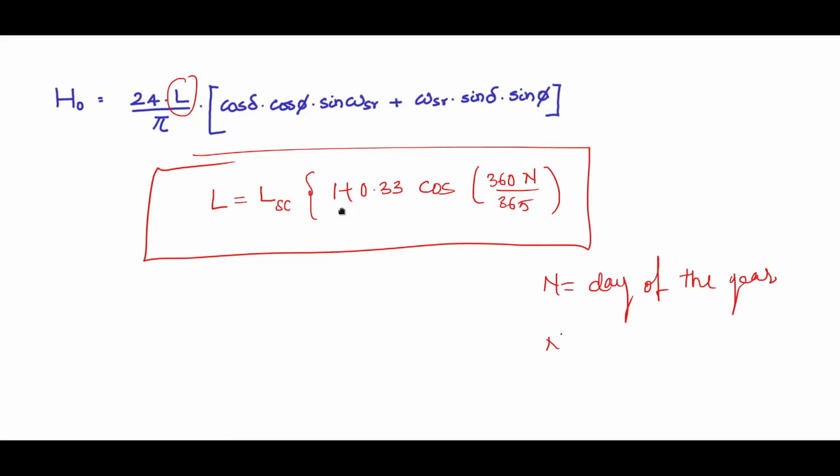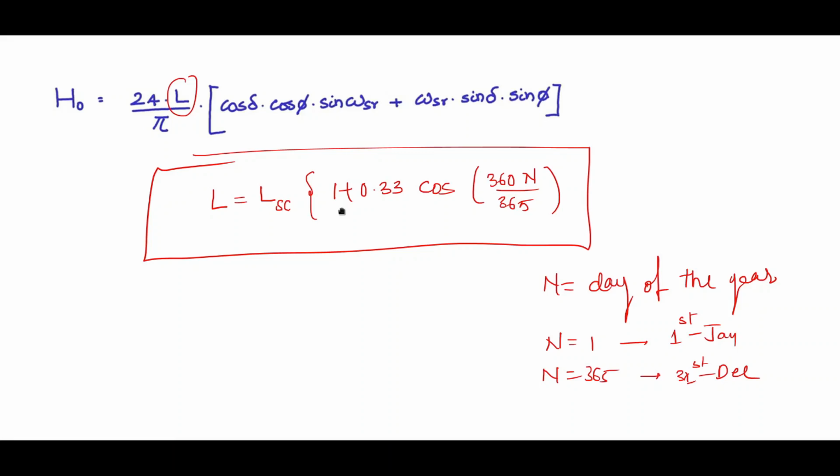That means n equals 1 for 1st January, and n equals 365 for 31st December. The value of n will change according to the day in the corresponding year. So based on the n value, the value of insolation, that is L, will change. So we are taking the day of the year into consideration in our insolation expression.